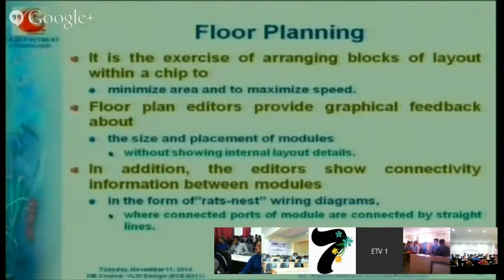It gives you information about the size of your circuit, where your circuit is placed, and information about the connection of your different IOs. In this case, you don't have information about the internal layout of your circuit. So you will get the size and the interconnections state.